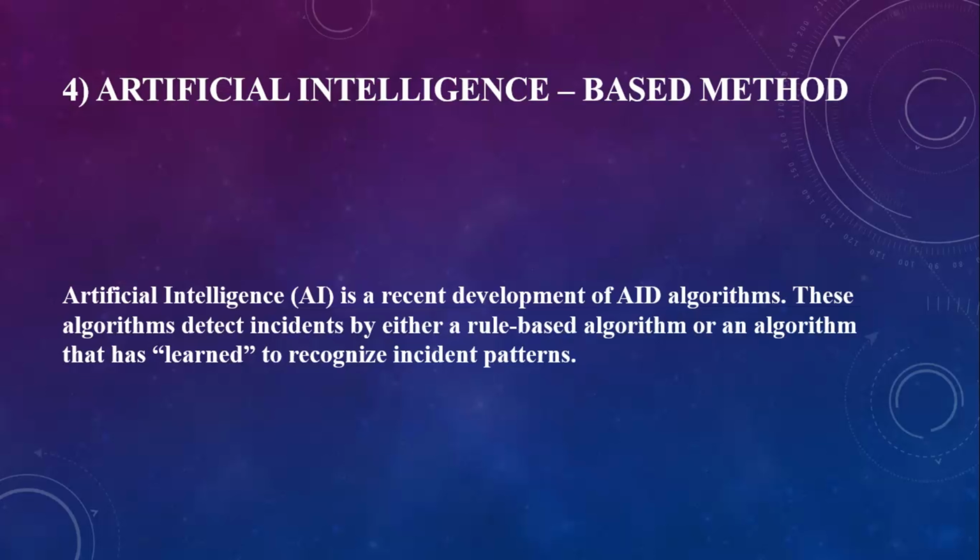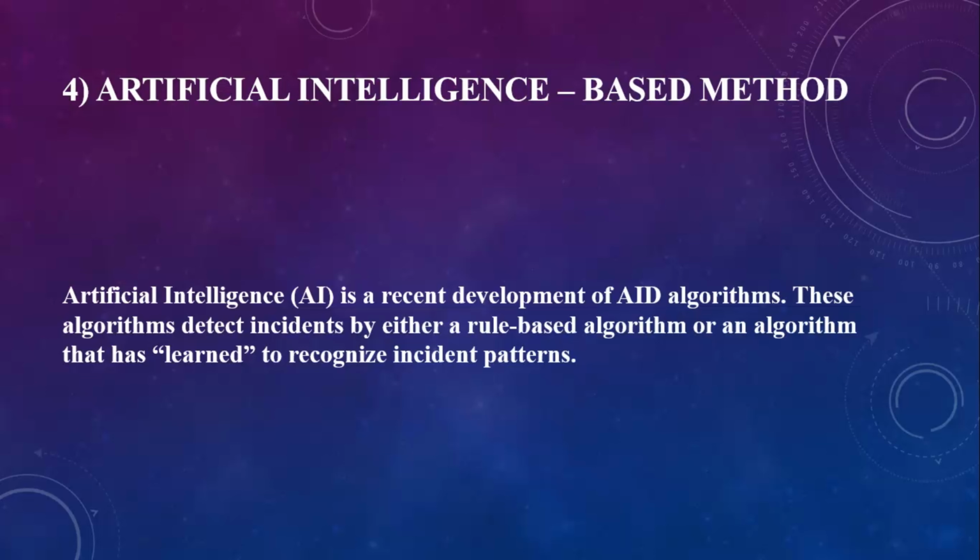Under this field, it is usually said that the artificial intelligence based method is the most recent development of the AID algorithms, because these algorithms detect incidents by either a rule-based algorithm or an algorithm that has learned to recognize incident patterns.